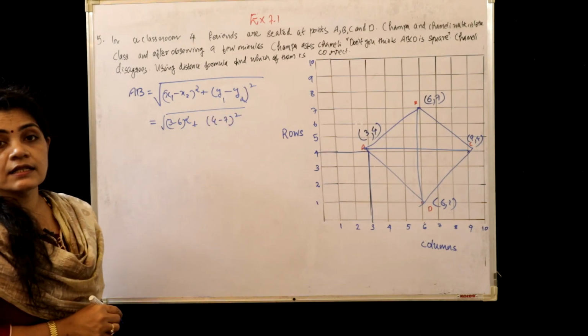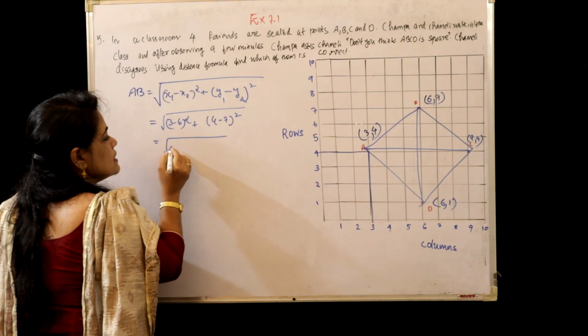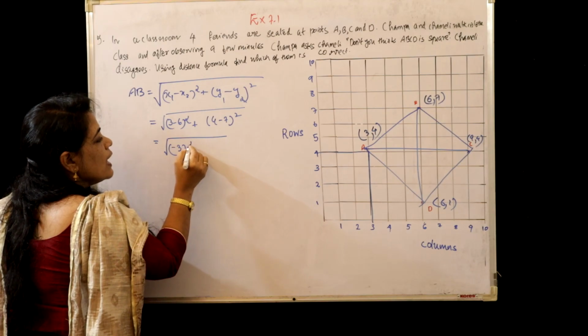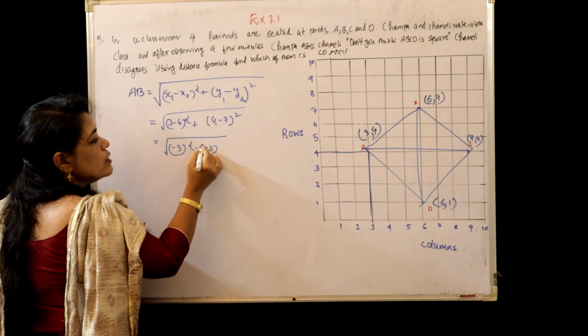So 3 minus 6 is minus 3, whole square, plus 4 minus 7 is minus 3 again, whole square.